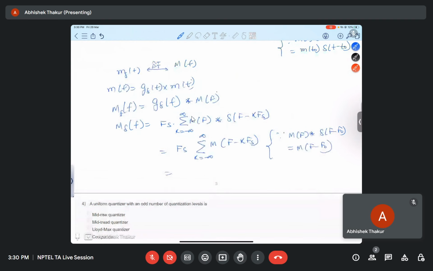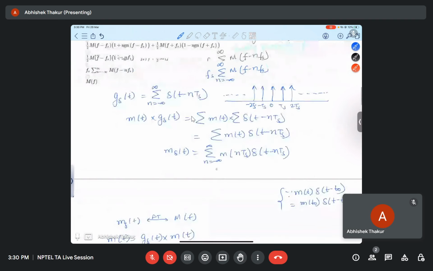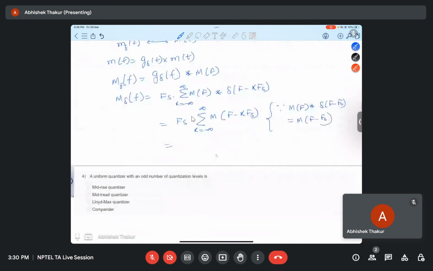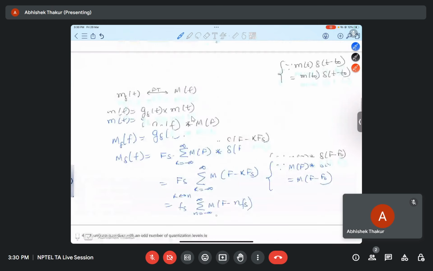In the question the option is Fs times the sum of M(f minus n Fs), so substitute k with n. We get Fs, sum over n from minus infinity to infinity, of M(f minus n Fs). So the correct answer for this question is option C.